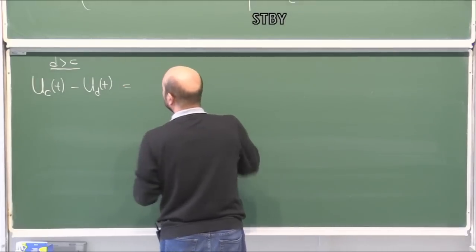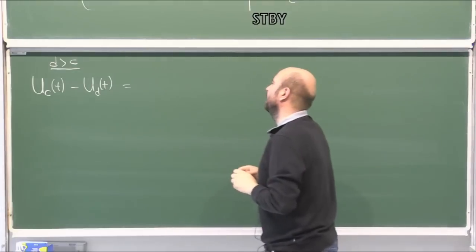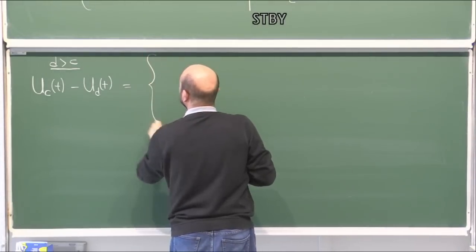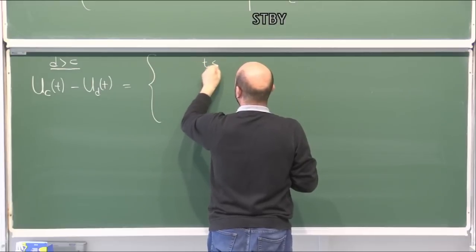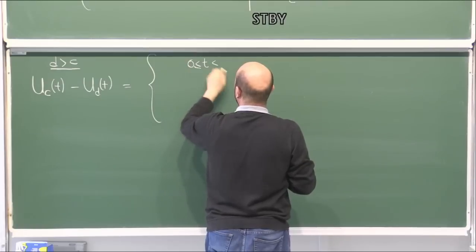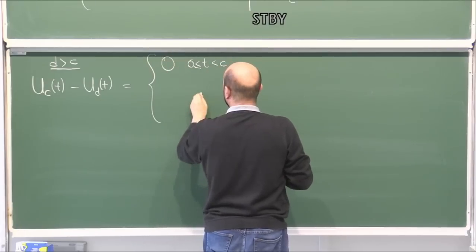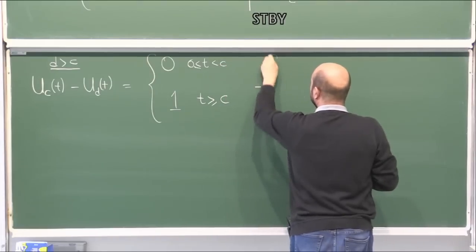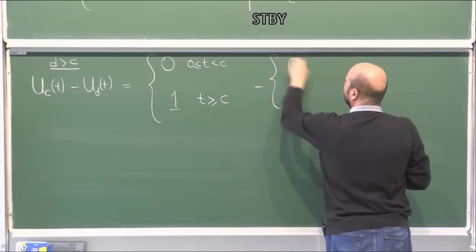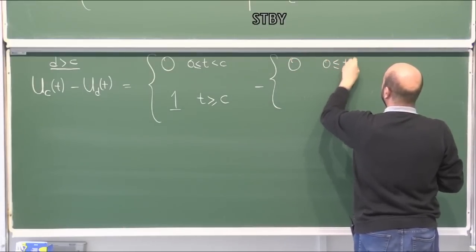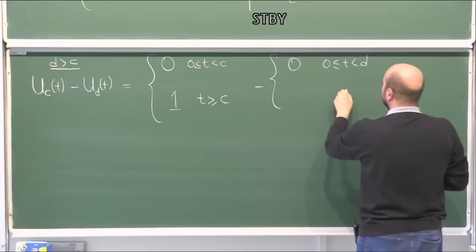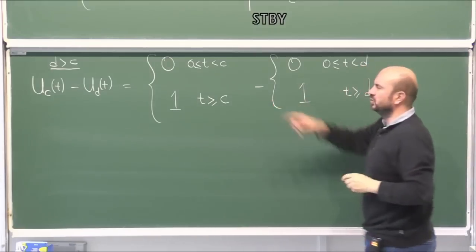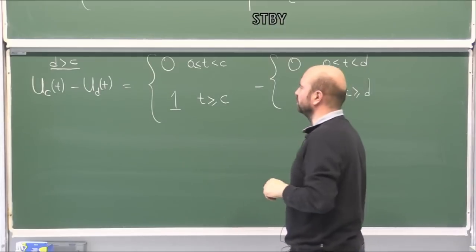You have to subtract two functions like this. Between 0 and c, it is 0, and when t is bigger than c, it is 1, minus 0 when it is between 0 and d, and when t is bigger than d, it is 1. So I'm basically subtracting these two step functions.